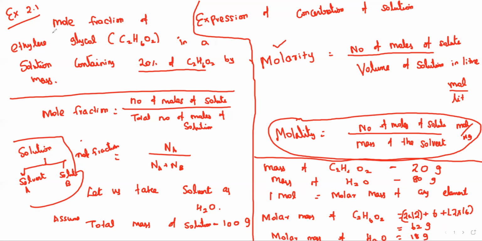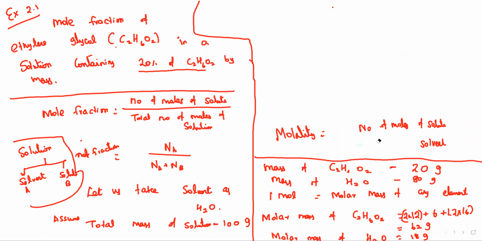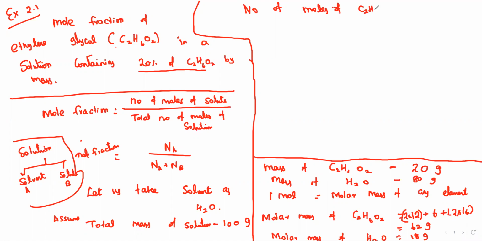Is that clear? Yes. Okay. So now 62 gram of C2H6O2 is 1 mole, and 18 gram of H2O is 1 mole of H2O. Now what we have to find is the number of moles of C2H6O2 in 20 gram.